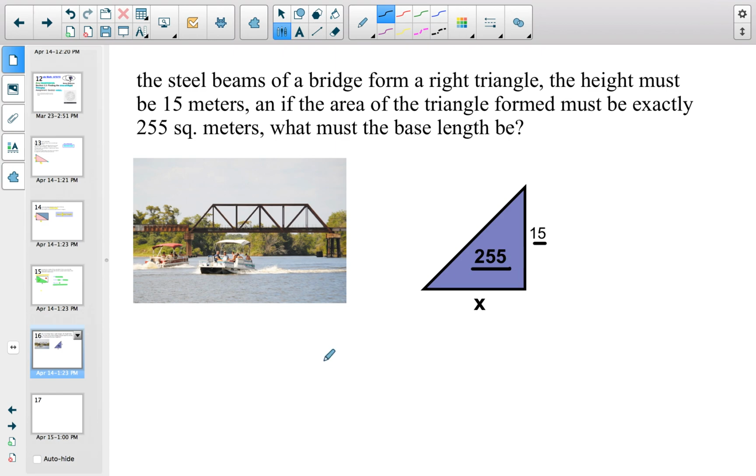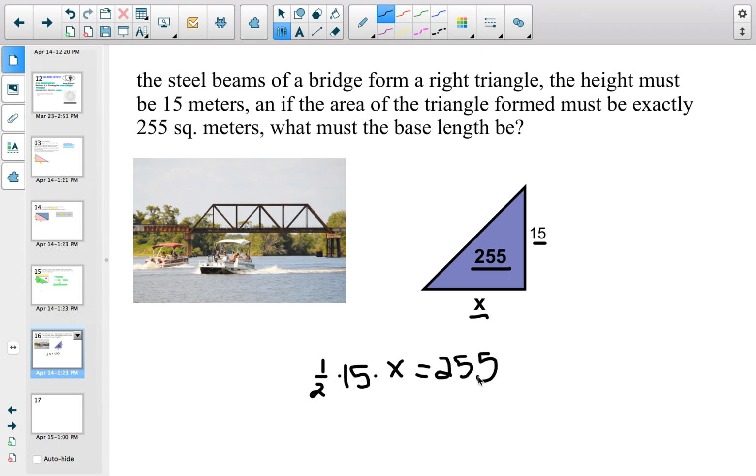Well, if we write down our formula, we're going to have half of 15 and x, and we are using x because we don't know this value. It's an unknown, it's our variable. Again, looking back on our algebra skills. So this is going to have to altogether be 255. Well, why don't we solve it then?